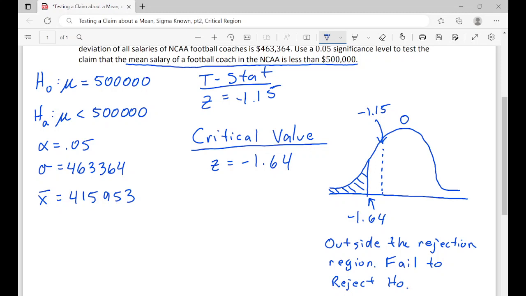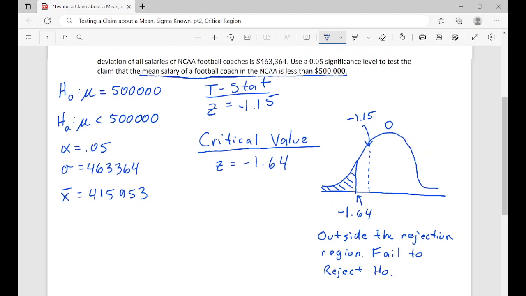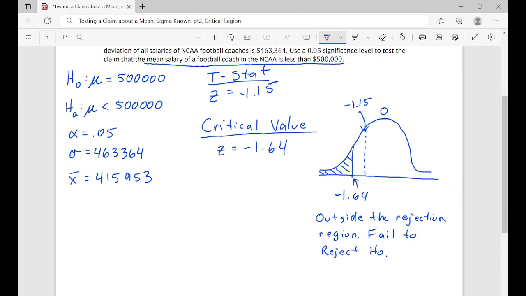So we know we're failing to reject the null, but we have to still kind of write it out, what we mean. So with all this information here, let's write out our conclusion.